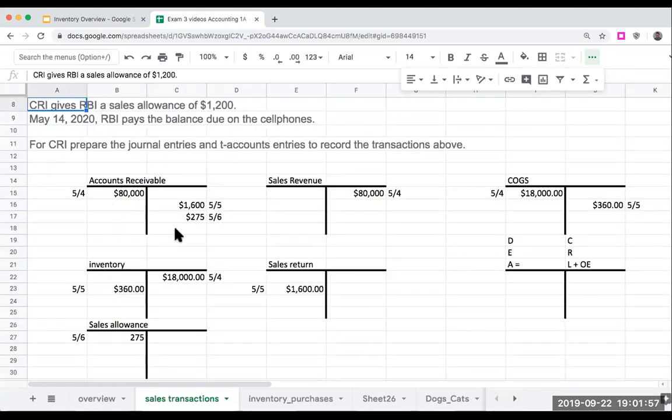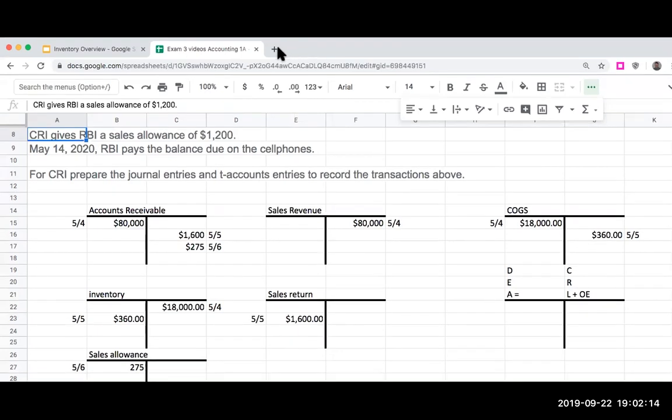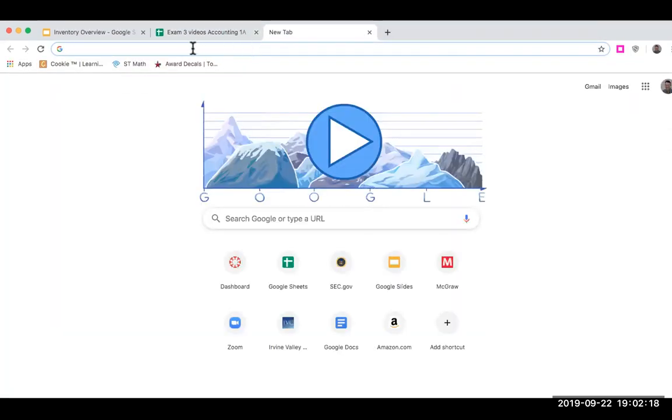And a lot of times, if you're doing sales, you want to have that customer keep the goods. One of the reasons is that when you look at a retailer, if you get something back from a customer, you cannot sell it as new.